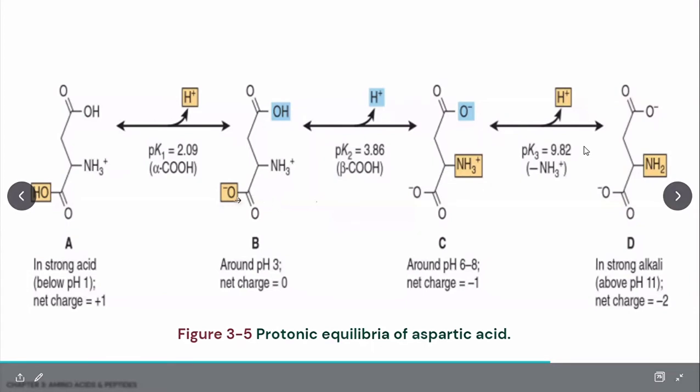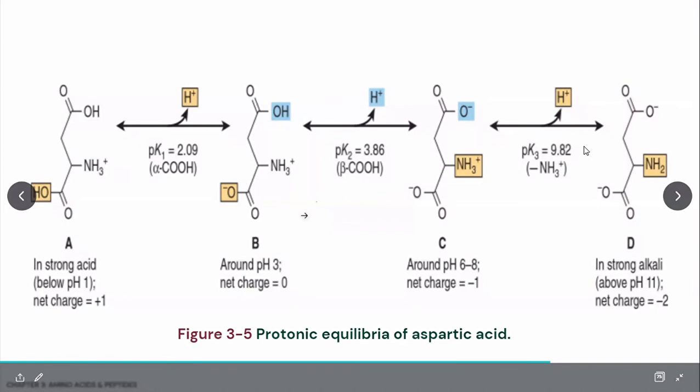Because the OH here loses its hydrogen. Lost. And the amino group has a positive charge. So 1 positive, 1 negative equals 0. Zero charge because this cancels out. Okay?